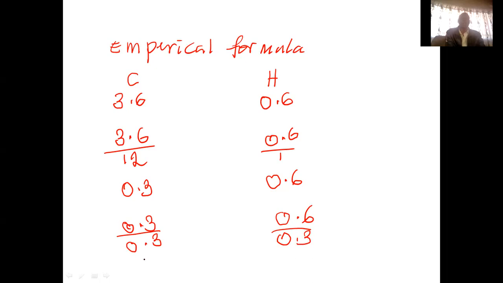0.3 divided by 0.3 is 1. 0.6 divided by 0.3 is 2. And so in our empirical formula, we are going to have carbon 1 atom, while hydrogen 2.